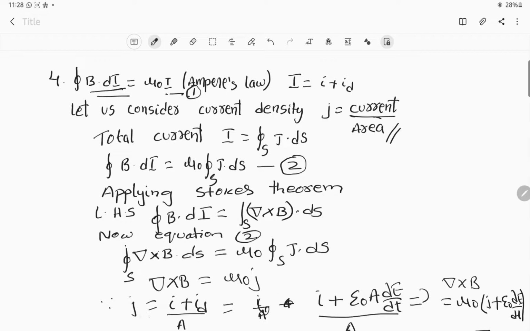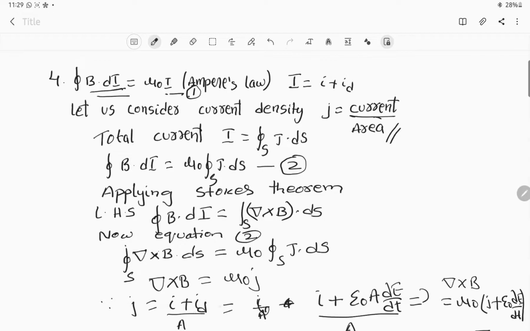So J, you already are aware, is current by area. So what is that current actually equal to? We have seen that the current is nothing but I plus Id, where small i signifies a steady current and Id signifies the displacement current.